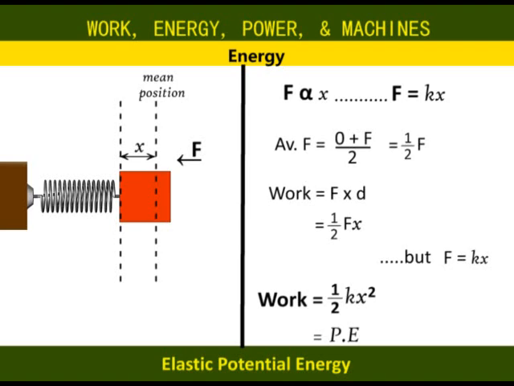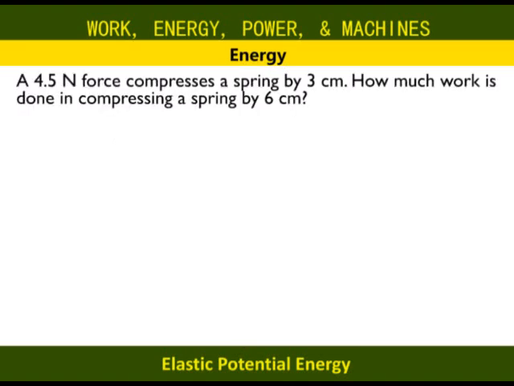For example, a 4.5 newton force compresses a spring by 3 centimeters. How much work is done in compressing the spring by 6 centimeters? We have force and x, 4.5 newtons and 3 centimeters. First, we find k.